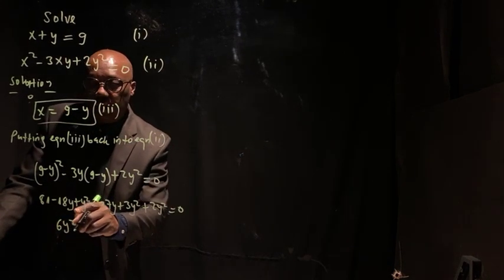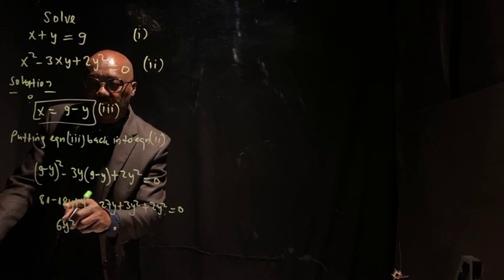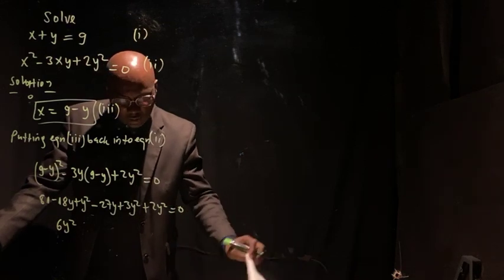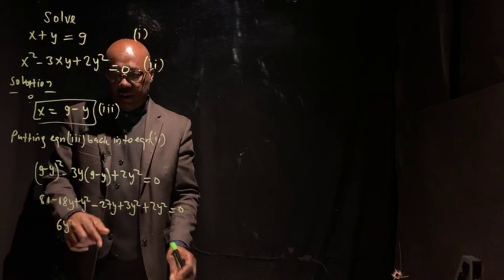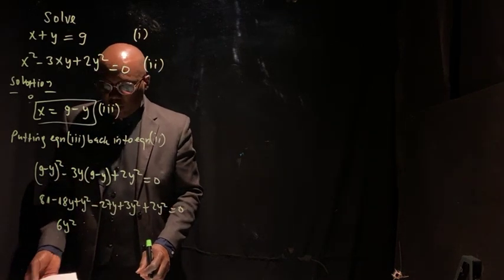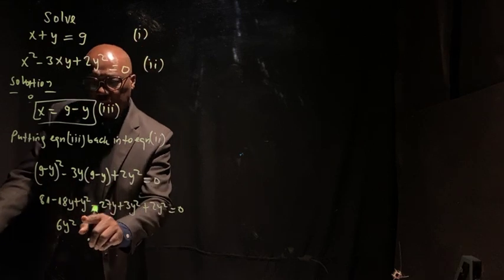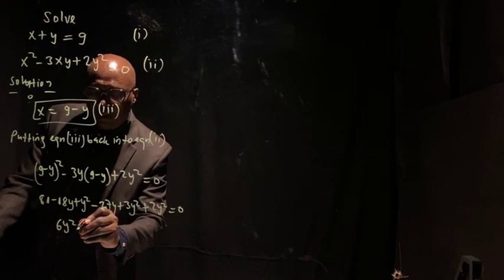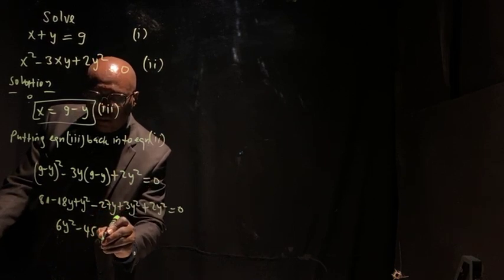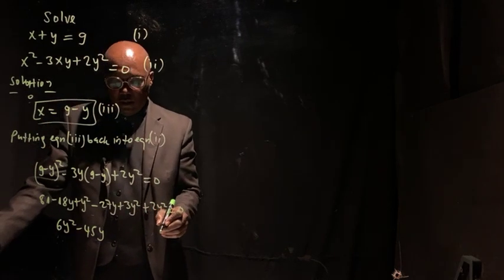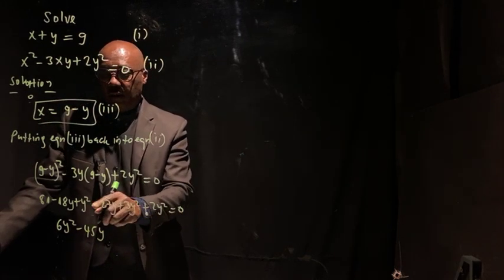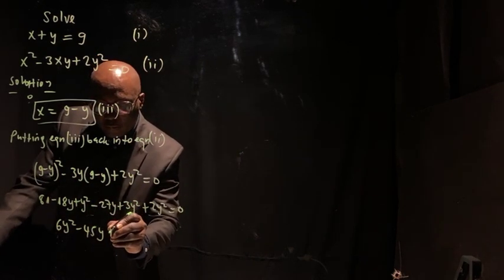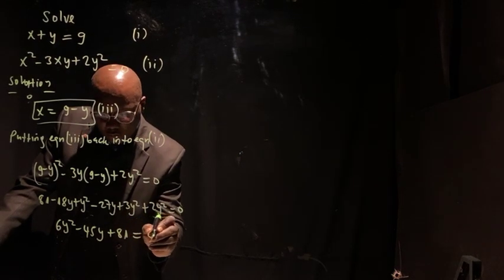Then minus 18y plus minus 27y gives us minus 45y. And then we have plus 81 equals 0.